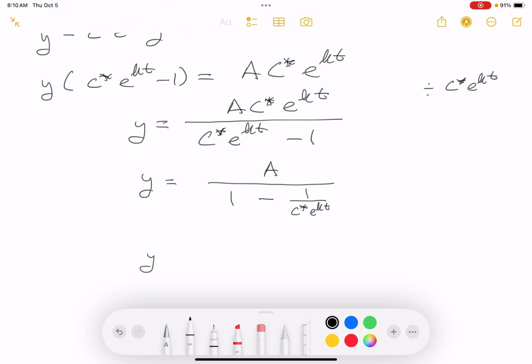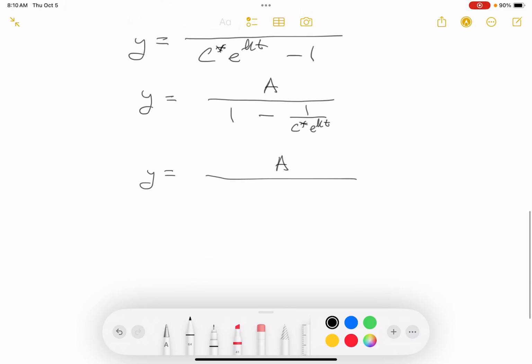So what I'm going to do is write that a little differently, make it a little bit neater. A, and I'm going to say 1 minus, well, I'll just leave it as c star. You're going to get e to the minus kt divided by c star.